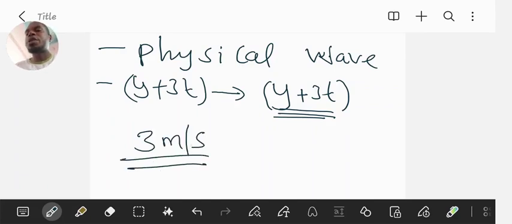This is very important to put there. It is inevitable. You have to mention that it's traveling at a speed of 3 meters per second in the negative y direction.